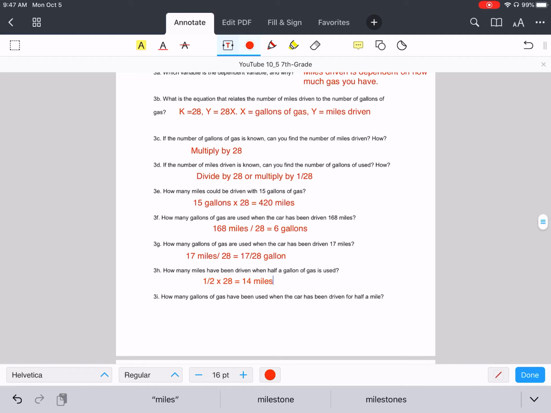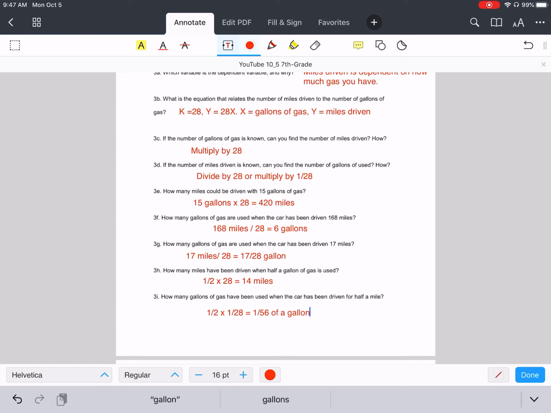Our last one, how many gallons of gas have been used when the car has been driven for half a mile? So now we're doing 1/2 divided by 28, or we can say 1/2 times 1/28. That's going to equal 1/56 of a gallon.